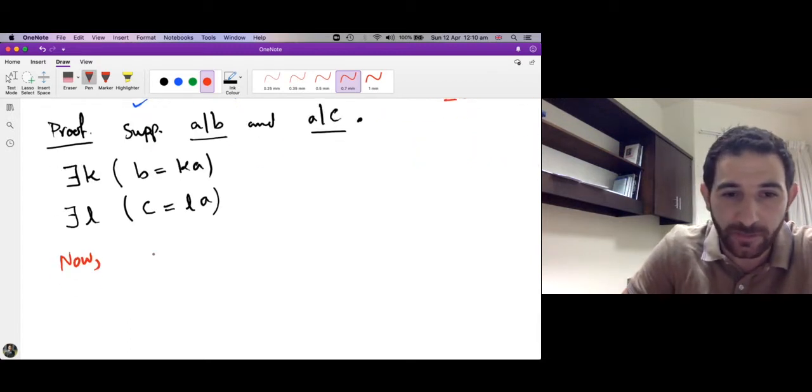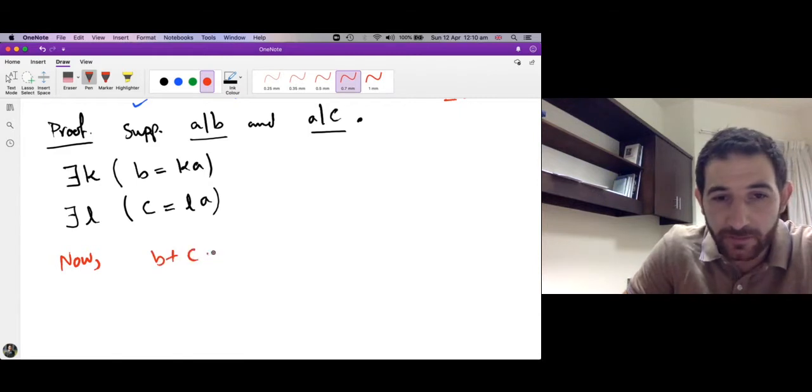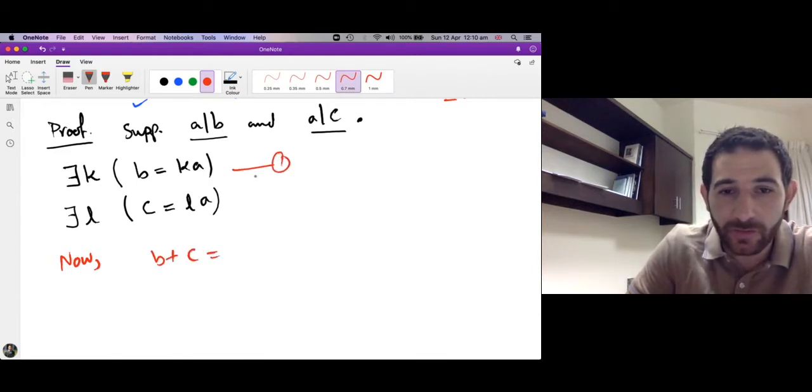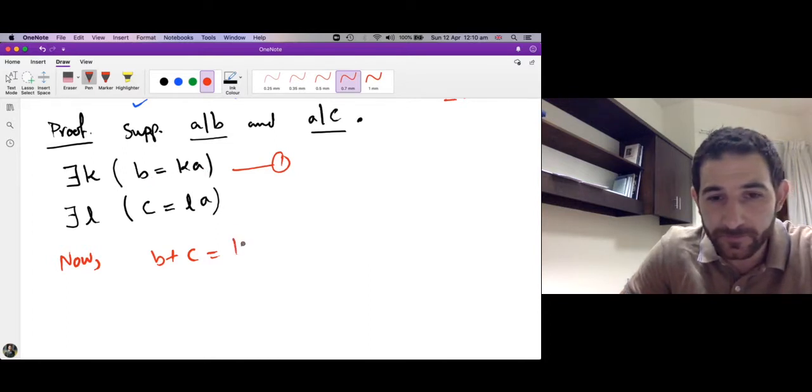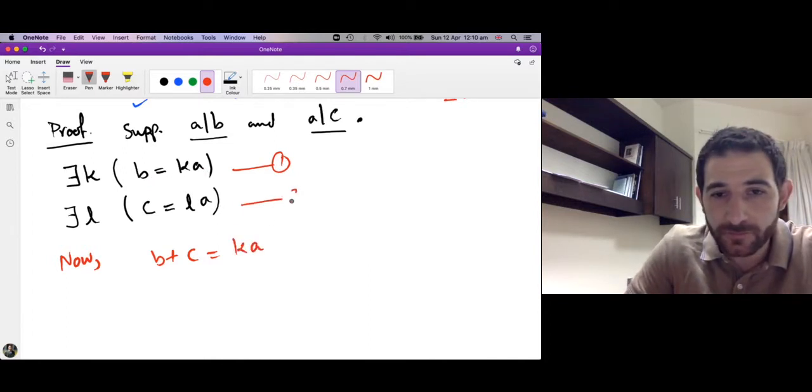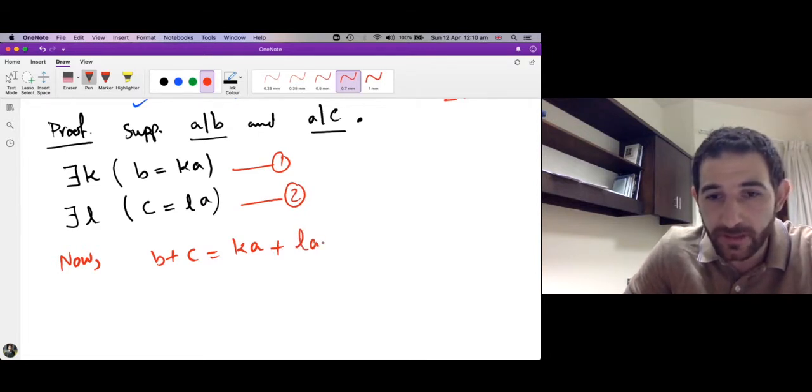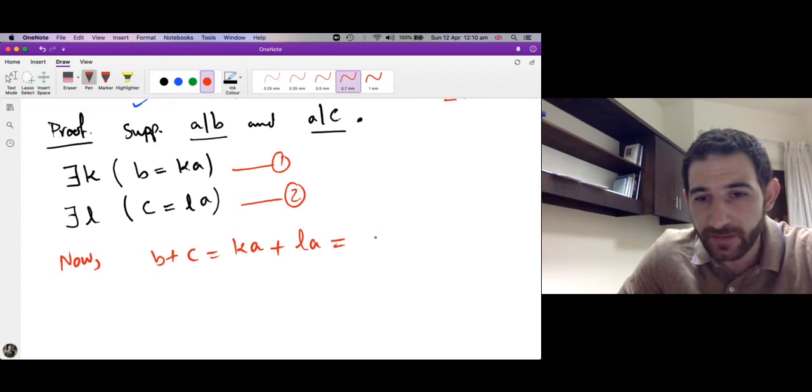So let's start with the left hand side, b plus c. From 1 we know that b is equal to ka, and from 2 we know that c is equal to la, so plus la. Now we can take a as a common factor and finish with k plus l times a.